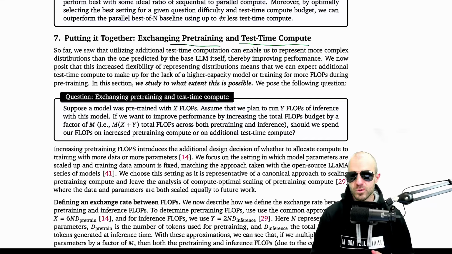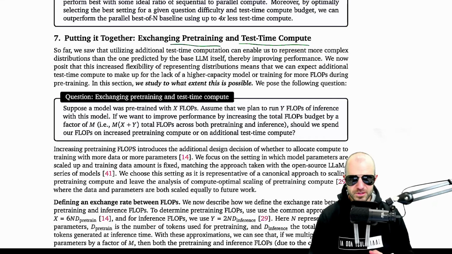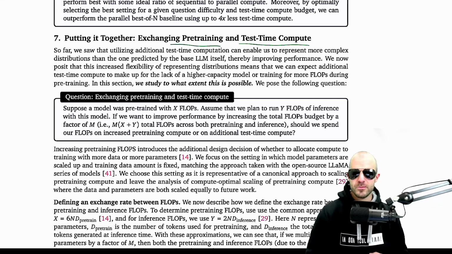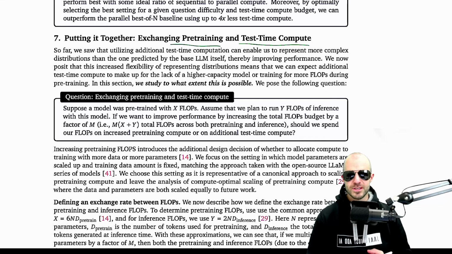If you're a Google or something, it almost doesn't matter how much you spend on pre-training because you're just going to sample from that model a billion times, so any extra compute invested into pre-training is almost nothing. Then if you had to do extra computation at test time, that's multiplied by a billion. So this is all dependent on how often you're going to use that model, and they're very aware of that.